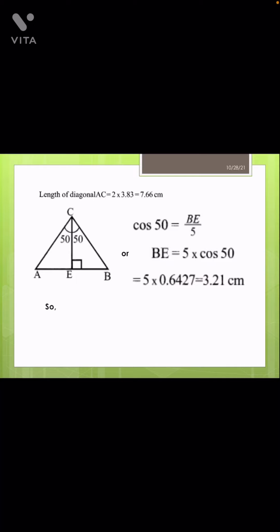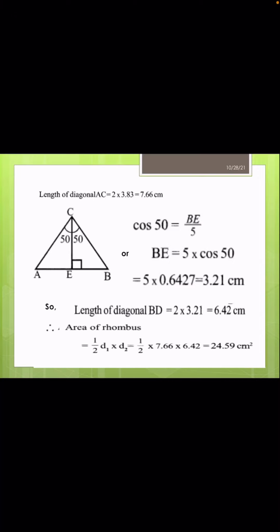So, the length of the diagonal BD will be 2 into 3.21. It is 6.42 centimeter. Therefore, the area of the rhombus is half D1 into D2. It is half 7.66 into 6.42. It will be 24.59 centimeter square.